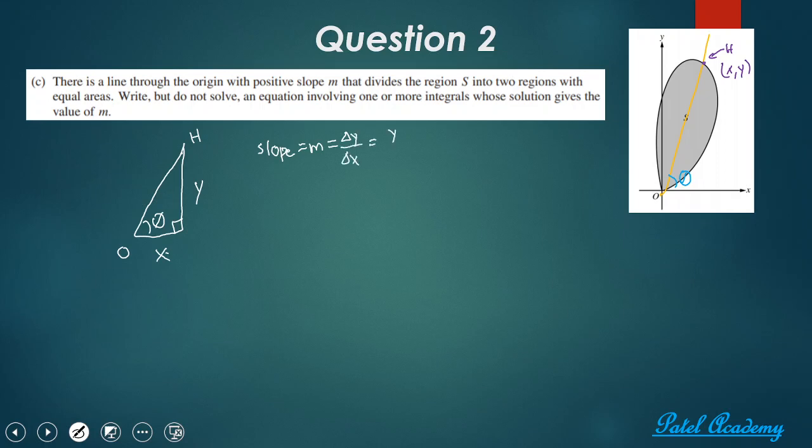In this case, that's just going to be y over x, for that point H, x, y, where this line meets the polar curve, again after it intersects with the origin. But what else do we know about this triangle? Well, I see that tan theta is also equal to y over x. And this has to be equal to m. So I'll do a single underline so it doesn't look like it's the answer.